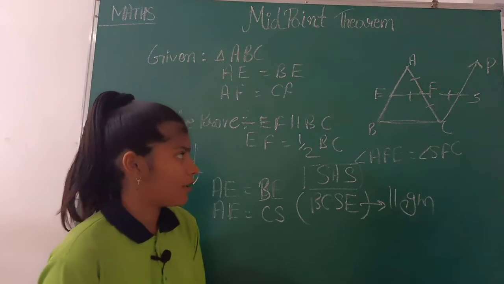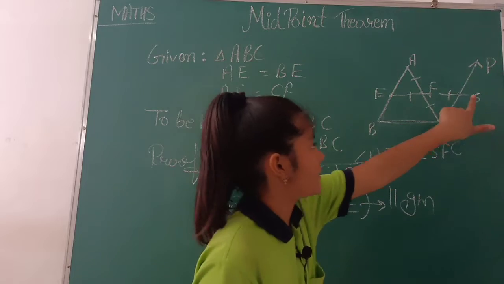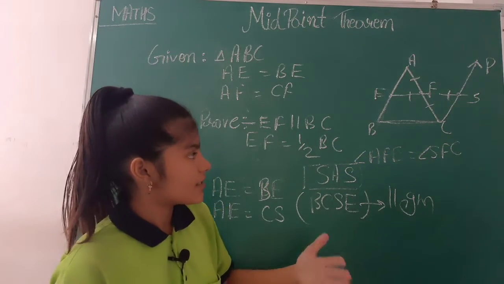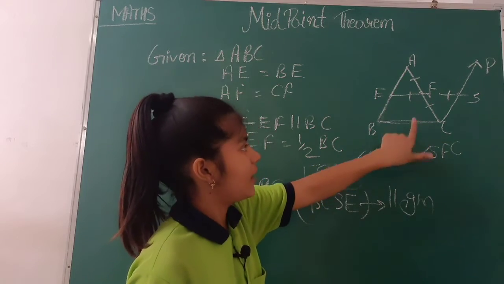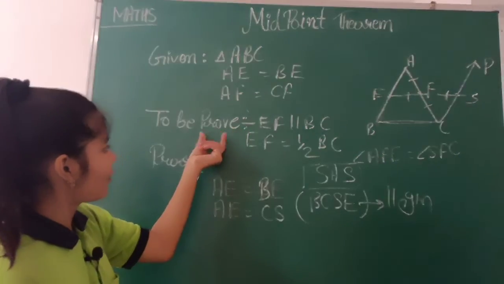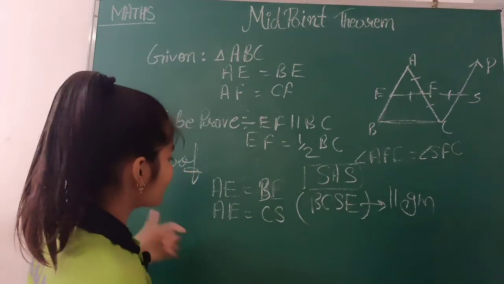So we got that BCSE is a parallelogram. The next statement we can write is that EF is parallel to BC. See, this is what we had to prove: EF parallel to BC, and we got that.